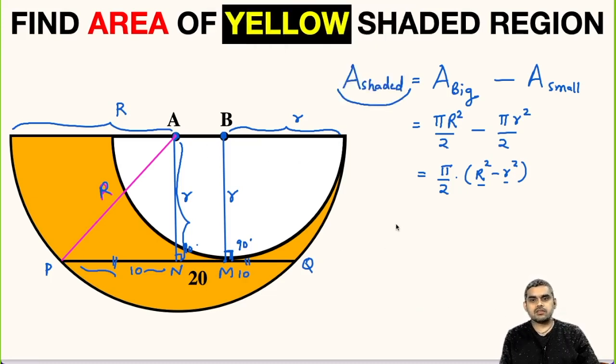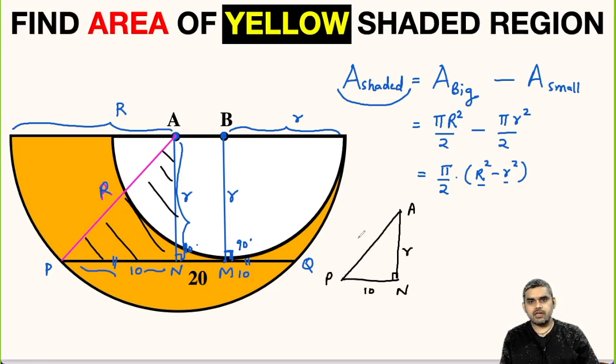Let me draw this triangle nicely for you. I am talking about this triangle. So this is N, this point is A, this is P, P to N is 10 units, this is small r, this is capital R. Now we apply the Pythagorean theorem here, so we will get the relationship capital R squared is equal to small r squared plus 10 squared.